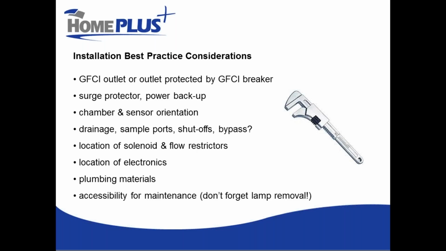The location of various components are important as well. Solenoids ideally should be located as close to the unit as possible, and preferably before the first corner. Generally speaking, we like to see solenoids right on the outlet of the UV sterilizer.